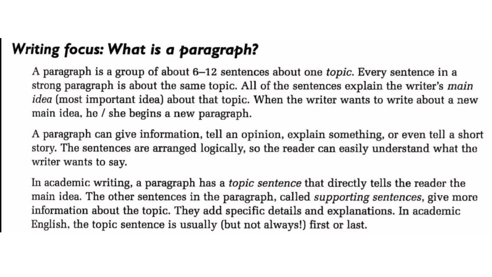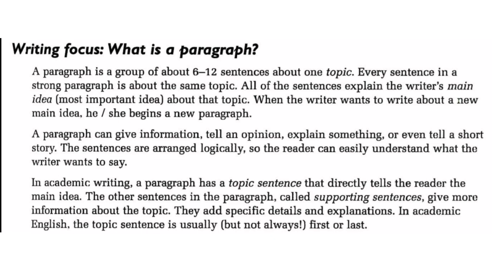A paragraph can give information, tell an opinion, explain something, or even tell a short story. The sentences are arranged logically, so the reader can easily understand what the writer wants to say. In academic writing, a paragraph has a topic sentence that directly tells the reader the main idea.